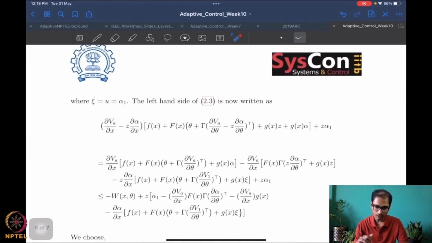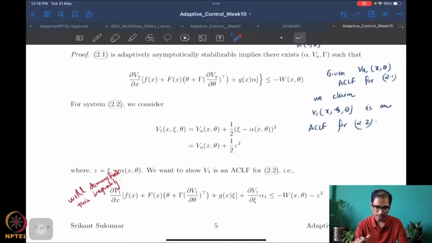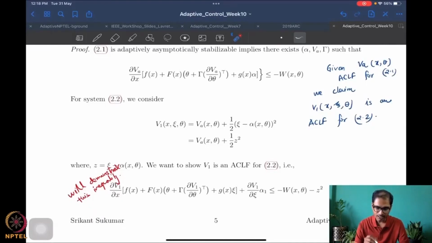So what is the left hand side? The left hand side is essentially the V dot for the modified system. That is del V1 del x times f(x) plus capital F(x) theta plus this term plus g(x) psi, and del V1 del psi times psi dot, which is alpha 1. Let me verify if this is correct.